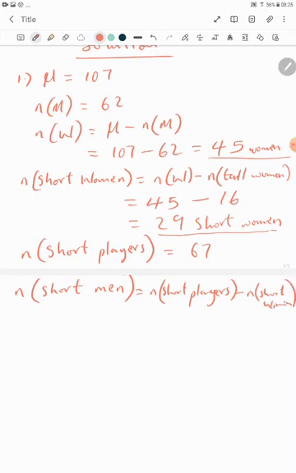I hope you can see that. So we can easily find the number of short men now. Since we already know that the total number of short players is 67 and the number of short women is 29, we can do 67 minus 29. That will give us 38 exactly. So we have 38 short men.